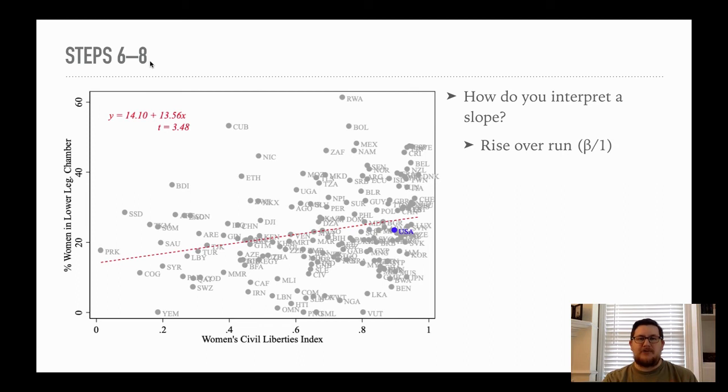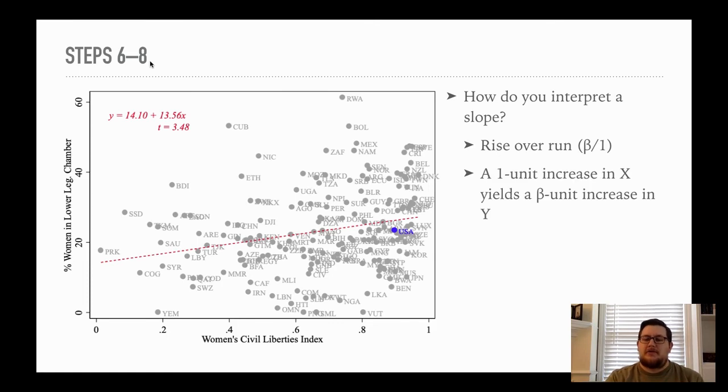Slope is just rise over run. So anything divided by 1 is itself, right? So if we say that the slope is beta over 1, that's just rise over run. So a 1 unit increase in x, that's the run in the denominator, should yield a beta unit increase in y. That's it.